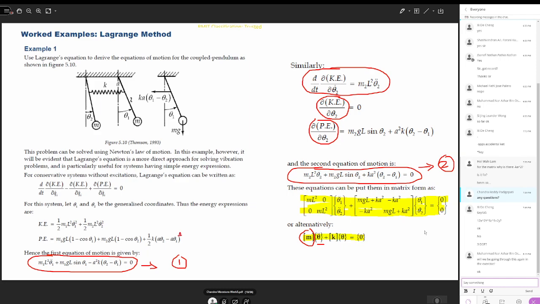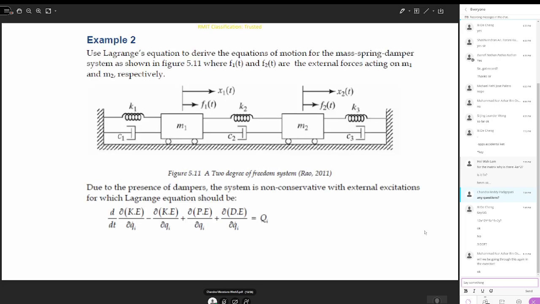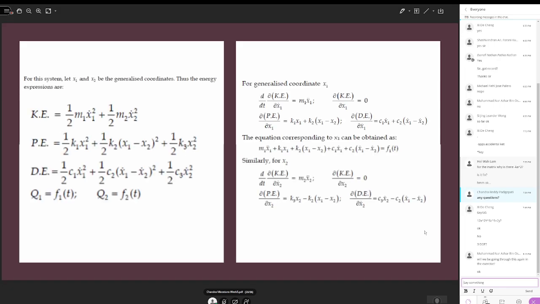So this is the application of Lagrange's method, or the energy method, to derive equations of motion for multi-degree freedom systems. There's another example. You can go through this example, very similar. All the potential energy, kinetic energy, and dissipation energy are shown. Then the partial derivatives, so step by step the applications are shown.